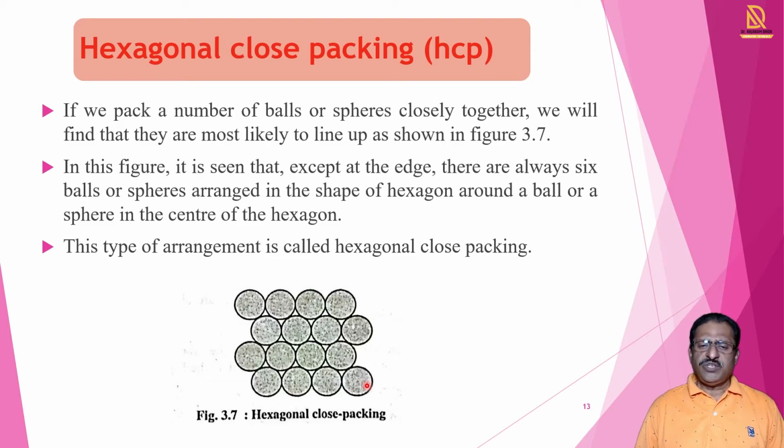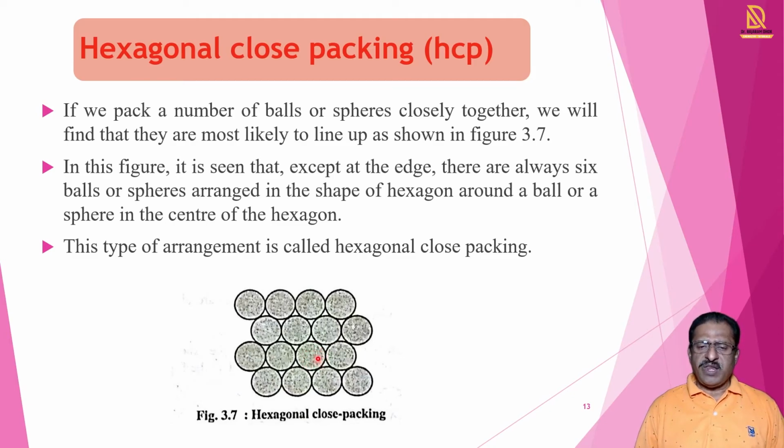Here we see that at the edges there are always 6 balls or spheres arranged in a shape with one ion, and it forms a hexagon around the central ion or central ball.